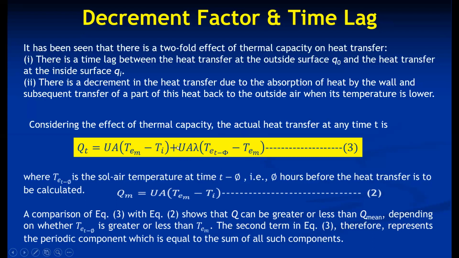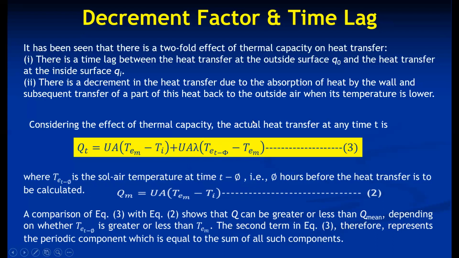If the second term is positive, then it is greater than the mean. If the second term is negative, then it is less. The second term is positive when T minus 5 is greater than the mean temperature, and vice versa for the second case: if this is less than T_em, the mean temperature, then it is negative, and in that case Q is less than the mean. So this is the interpretation.